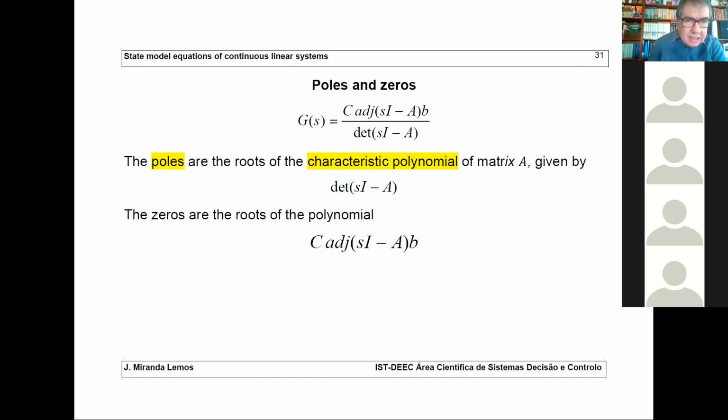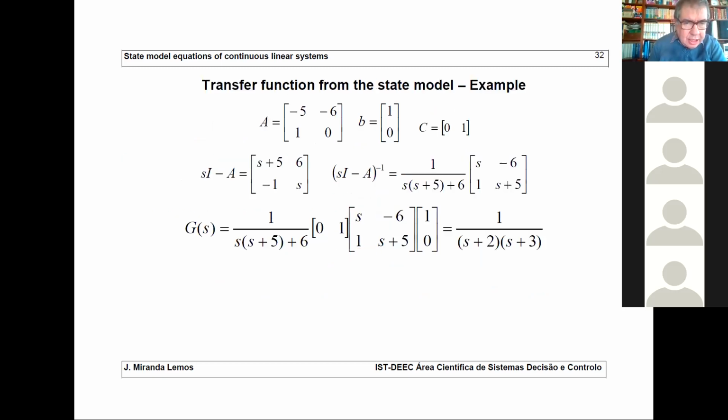Okay, so this is a definition of poles and zeros. We have just seen it. Suppose that matrix A is this one, with matrix B and matrix C. So I compute sI minus A. The inverse of sI minus A is the adjoint divided by the determinant. And the determinant is (s plus 5) times (s minus 1) times 6, which is plus 6.